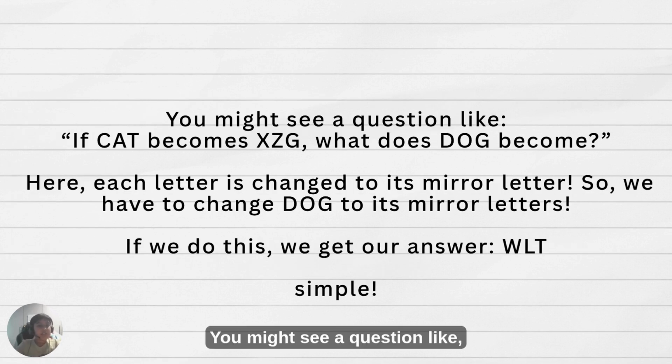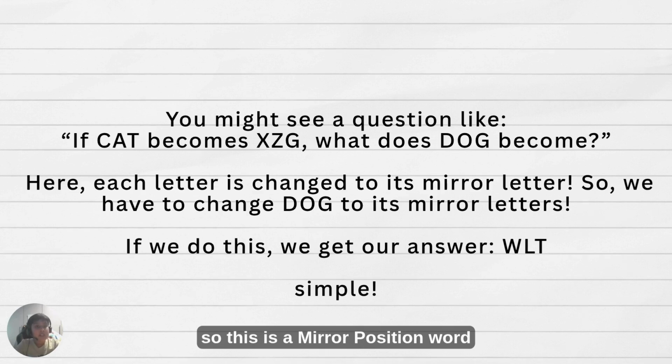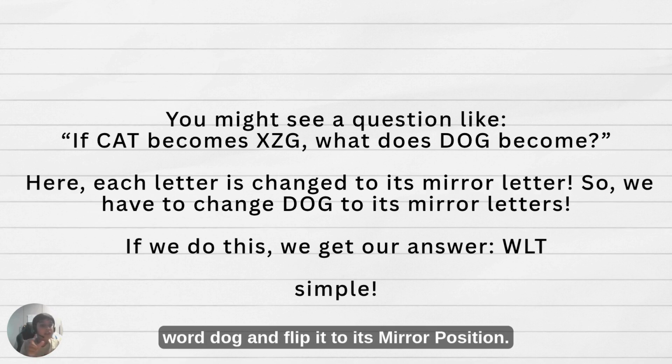You might see a question like, if cat becomes XZG, what does dog become? Here, each of the letters are changed to its mirror letter, so this is a mirror position word question. What we have to do to solve this question is take all of the letters from the word dog and flip it to its mirror position.